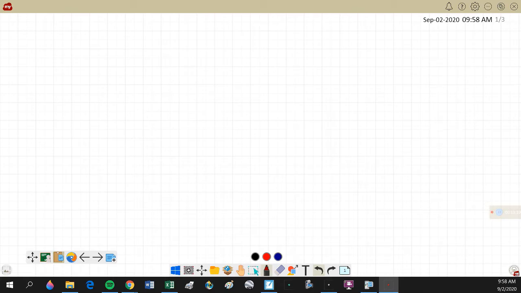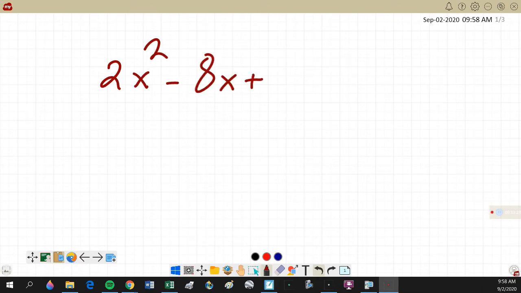What happens if we have a leading coefficient? So let's say 2x squared minus 8x plus 10. Okay? Completing the square only works when your leading coefficient is a 1.